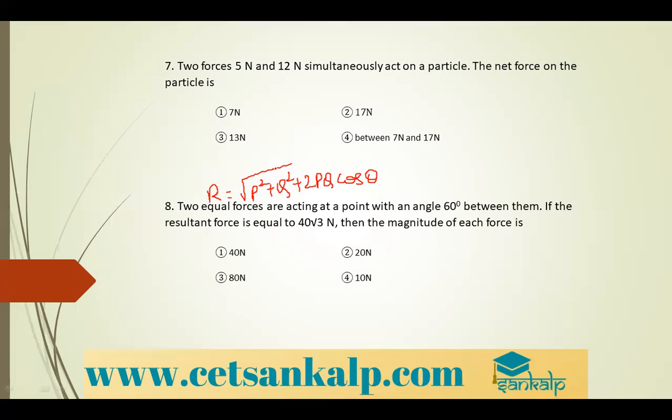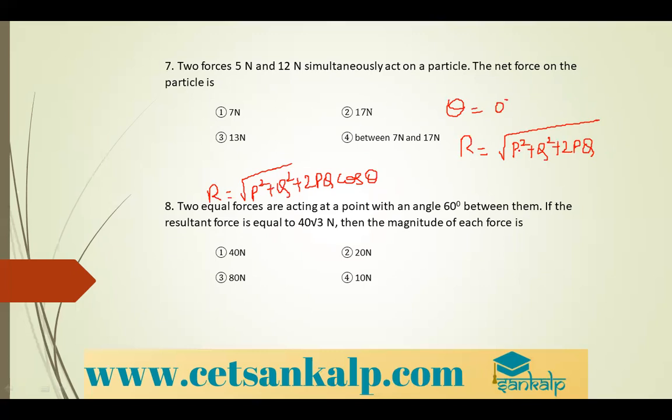Now cos 0 is 1, cos 90 is 0, cos 180 is minus 1. So first case, if theta is equal to 0 degree, R is equal to root of P square plus Q square plus 2PQ, since cos 0 is 1.